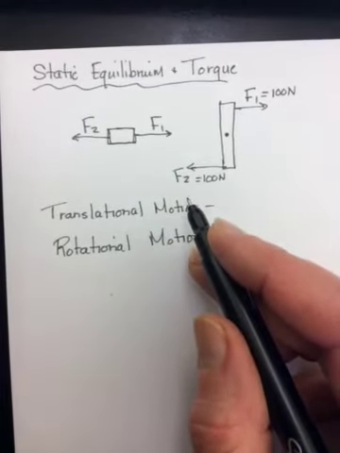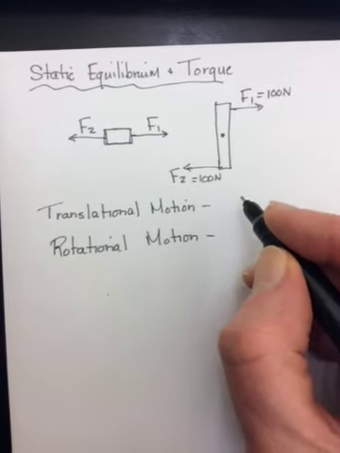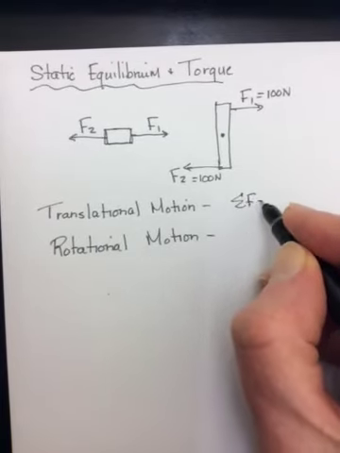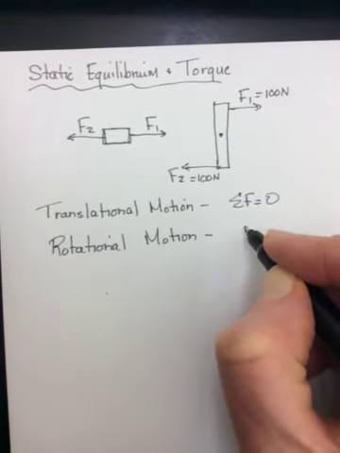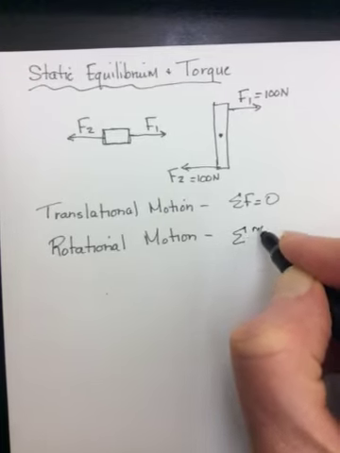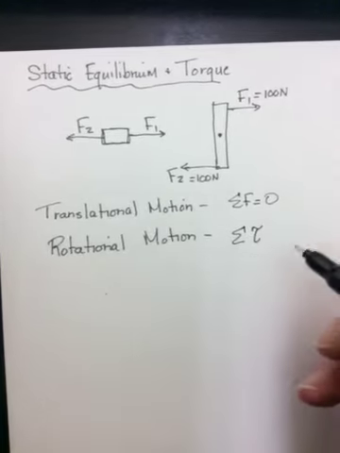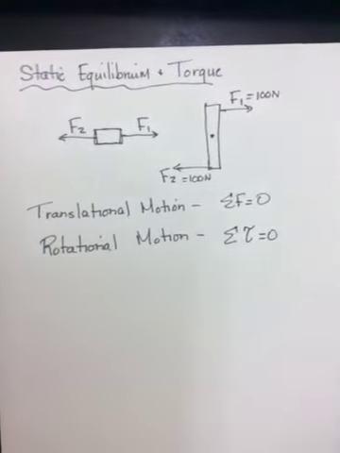Okay, when the sum of the forces is 0, it would mean there is no translational motion. When the sum of the torques is 0, and the symbol for torque is a Greek T, because we've already used up all the T's, then it means no rotational motion.